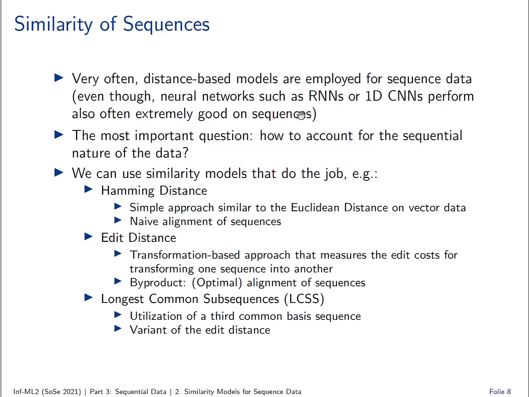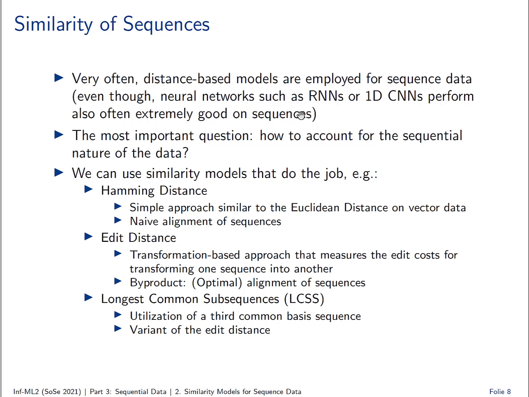But as we discussed in the introduction, there are many applications where you don't want to rely on, or cannot rely on, neural networks. So there is still very often a case for the traditional distance-based methods or handcrafted feature-based data mining or machine learning methods.